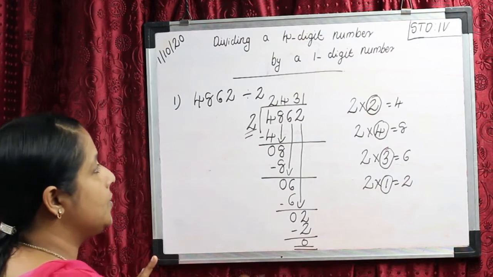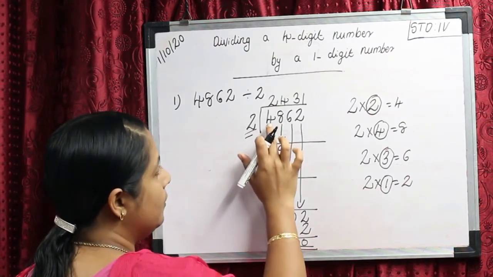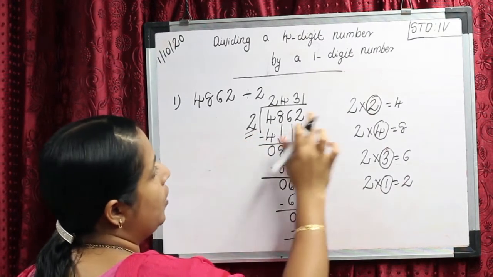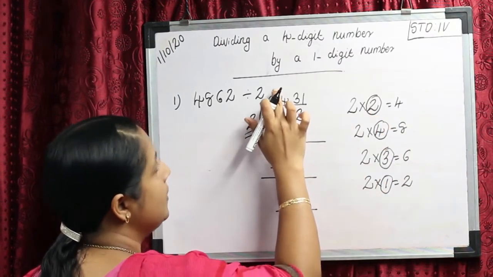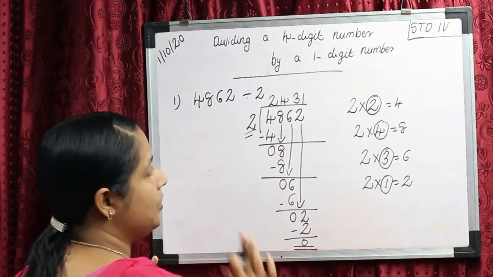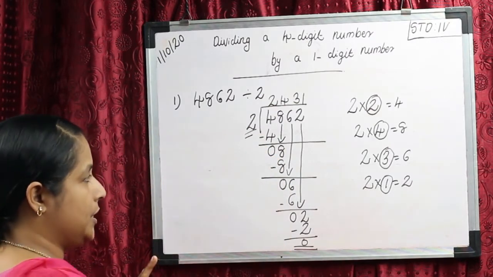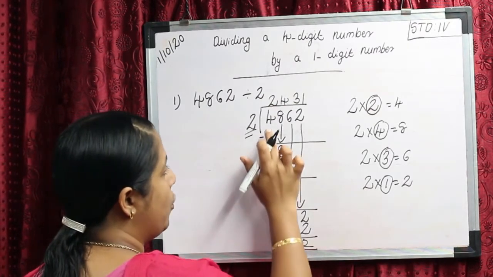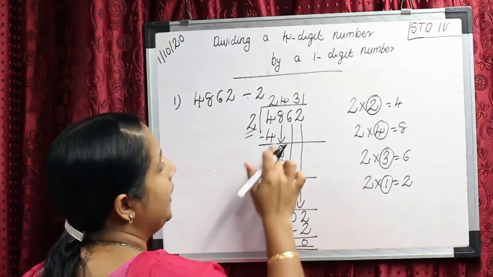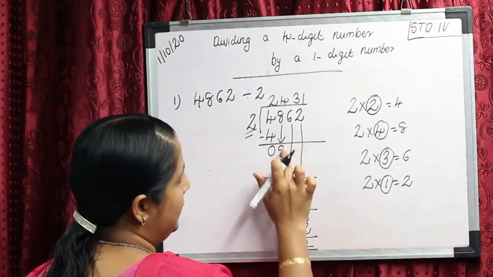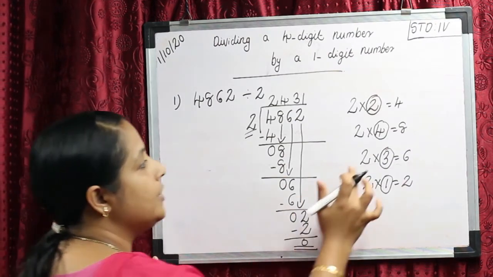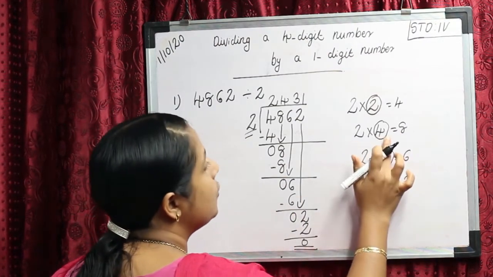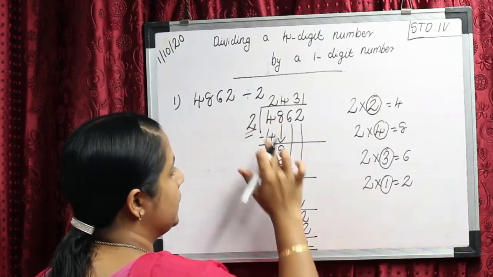Okay. Then the first number is 4. In 2's table how can we get the answer 4? 2 2's are 4. So we write 2 here. Then division is a repeated subtraction, so write minus here. 4 minus 4 equals 0. Then consider the second number, that is 8. 2 4's are 8. So we write 4 here. 4 2's are 8.